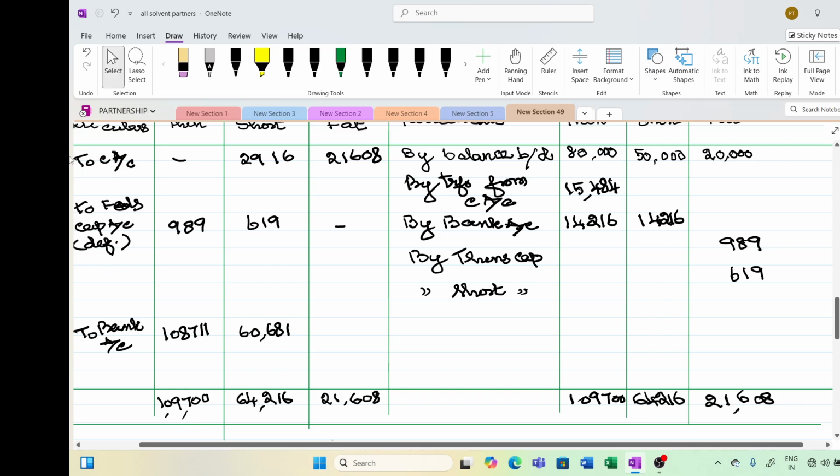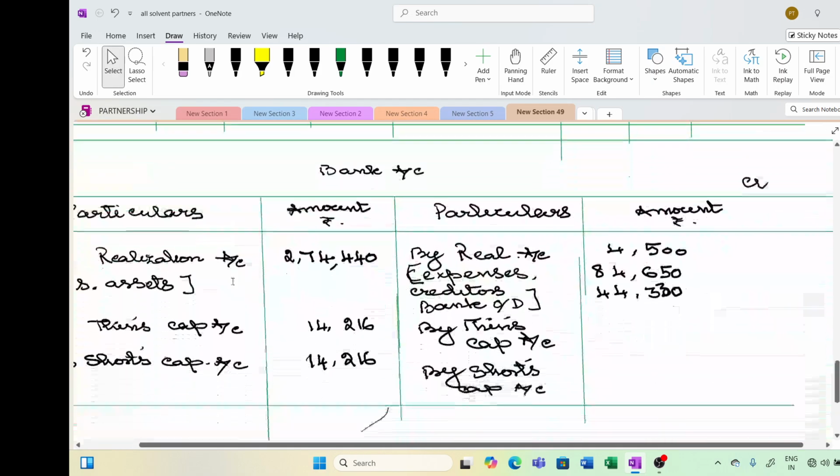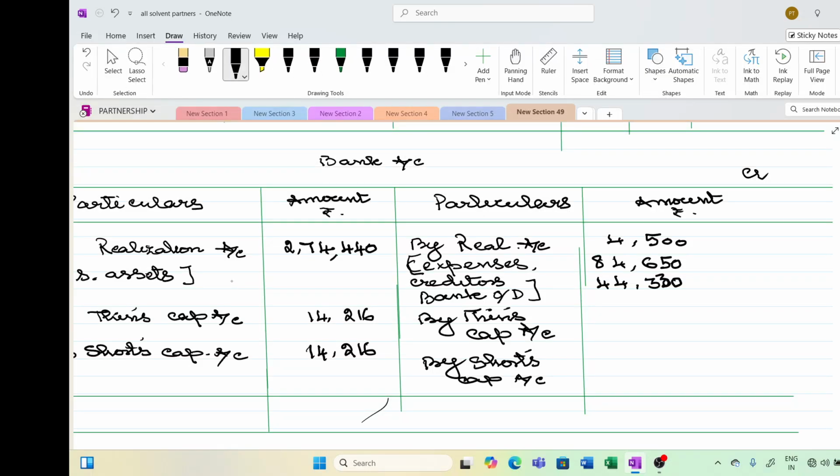Now this we have to post in the bank account. By Thin's capital account, how much we have to make him? 108711. And we have to make this fellow 60,681. Now we have to total both the sides. So I am going to total: 4,500 plus 84,650 plus 44,330 plus 108711 plus 60,681.